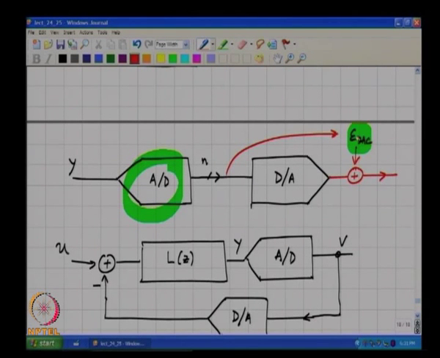So, this is a code dependent error, all right, and please note that this is a deterministic quantity and can be determined in principle by applying the various codes to the input of the DAC, measuring the outputs, and you know what the ideal output should be, right, and by subtraction you will be able to get EDAC of n.